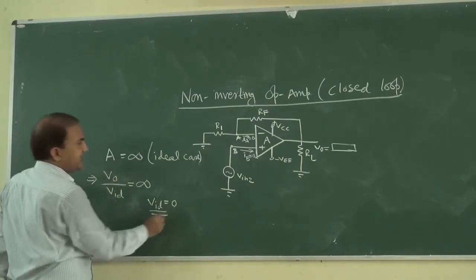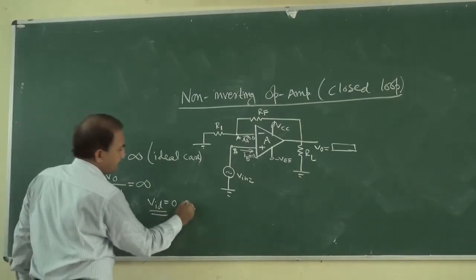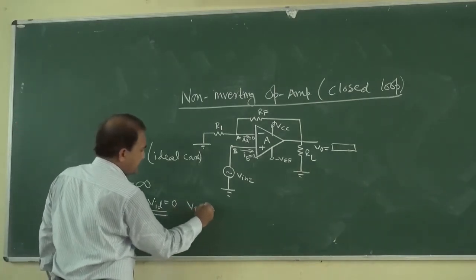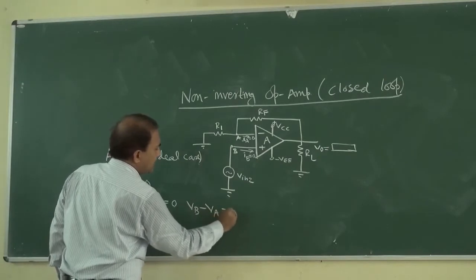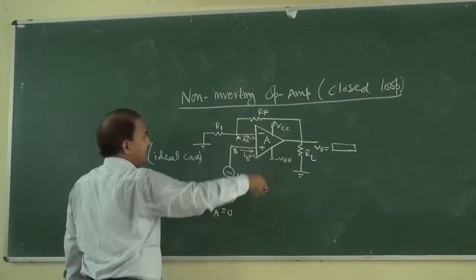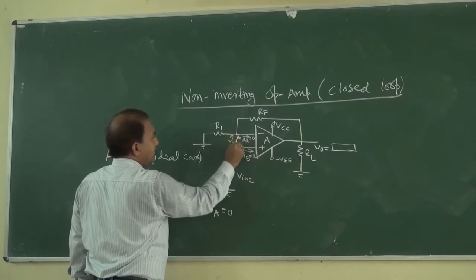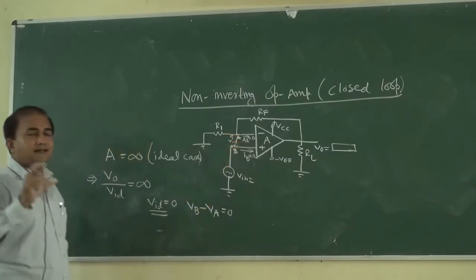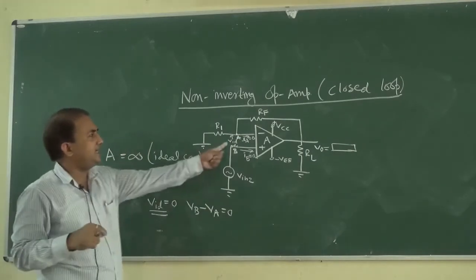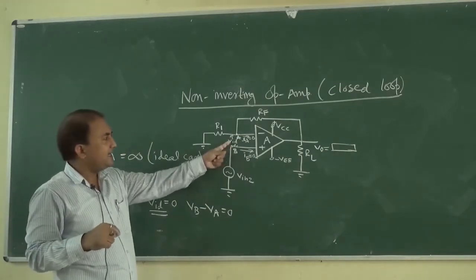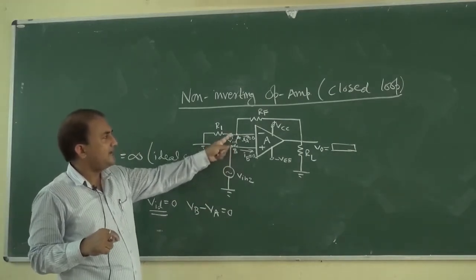Okay. So what is this VID? VID is VB minus VA, it is equal to 0. This is VID, that is the differential input voltage. It is VB minus VA.